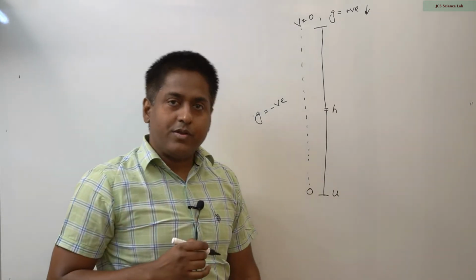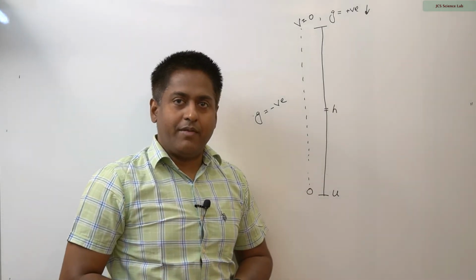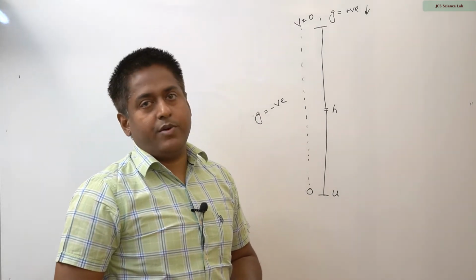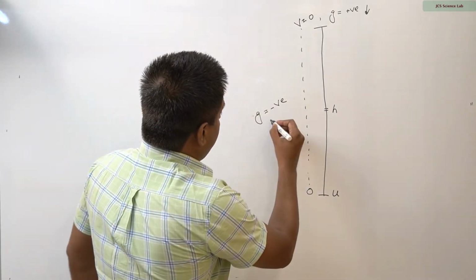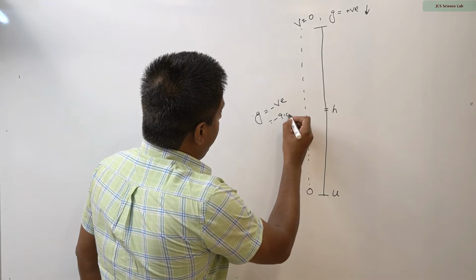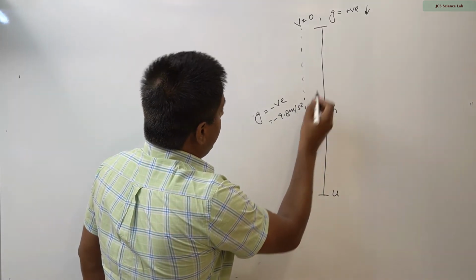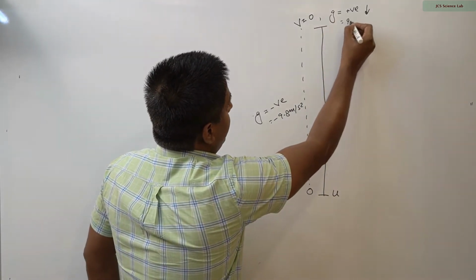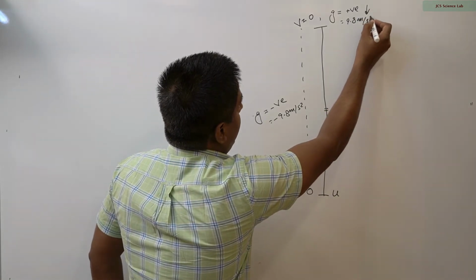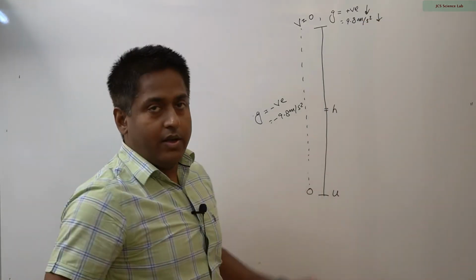And you know that on the surface of the earth, the value of acceleration due to gravity is 9.8 meter per second square approximately. So that is minus 9.8 meter per second square, and here it's 9.8 meter per second square, downward direction.